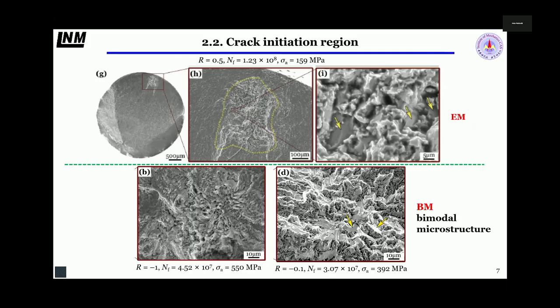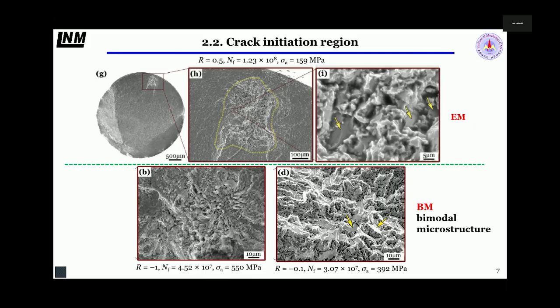And these two figures also show the interior fracture surface region. You can easily find the crack initiation region. But these two fracture surfaces belong to another specimen type, called bimodal microstructure. Bimodal microstructure is just a mixture of equiaxed alpha and lamellar microstructure domains.